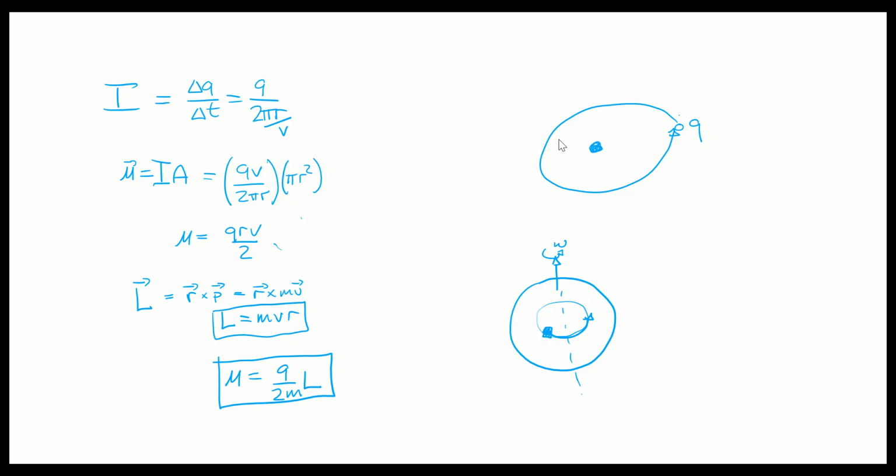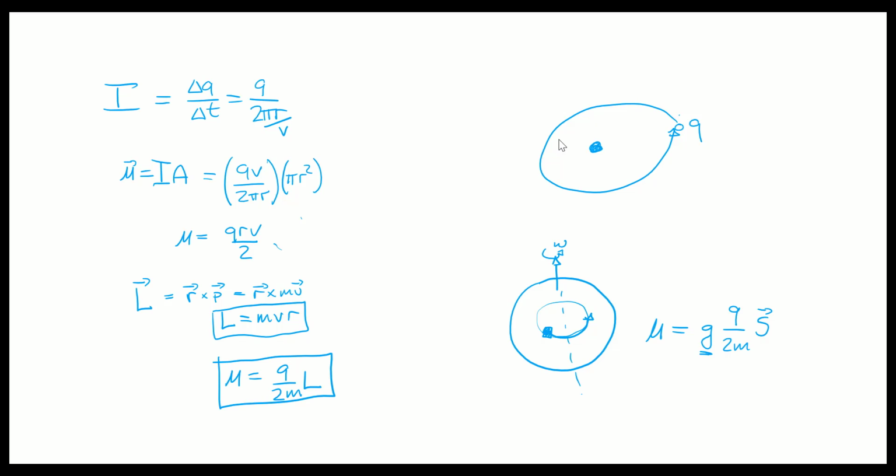The math isn't as straightforward as this. You'd have to do an integral over the charge distribution and all this, but you end up with the same sort of result, where the magnetic moment is equal to g times q over 2m times what I'm going to call S, which is the angular momentum associated with the spinning of that object. g here is what we call the gyromagnetic ratio or gyroscopic ratio.